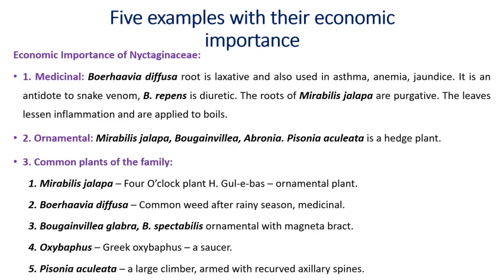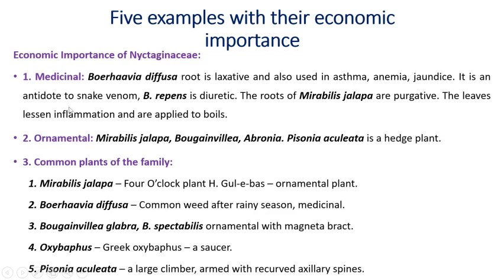Now let us see any 5 examples with their economic importance. Economic importance of the family. First is medicinal. One example of this family is Boerhavia diffusa. The root is laxative and is also used in asthma, anemia, jaundice, so it is very economically important.